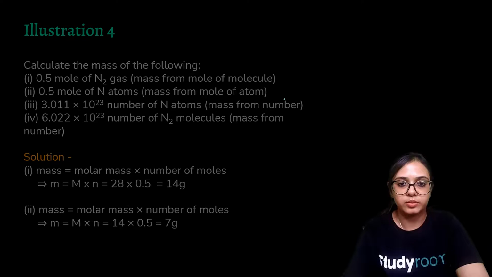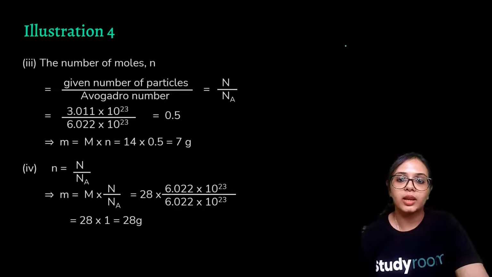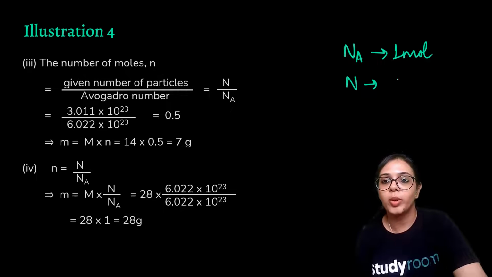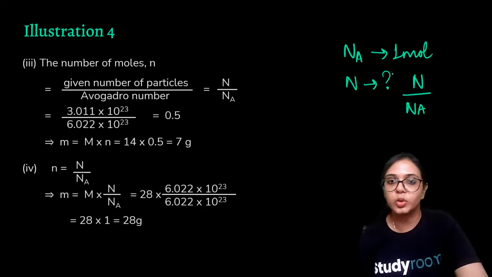in this many atoms. So we know that Avogadro constant, this many atoms or particles are there in 1 mole. Okay, so whatever number of particles we are given, if we are to determine how many moles would be here, we would simply divide this number by the Avogadro number by simply using the unitary method.